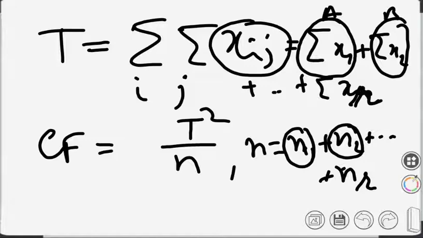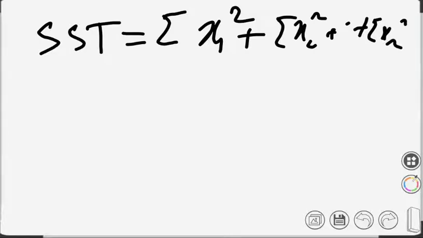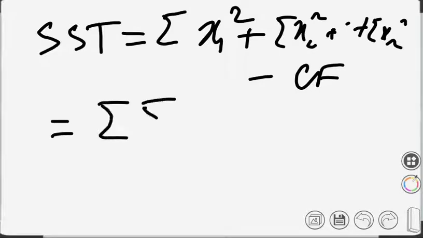Then the next formula is SST, the total sum of squares. Total sum of squares is summation x1 square plus summation x2 square plus dot dot plus summation xr square, minus CF, or you can write double summation xij square.